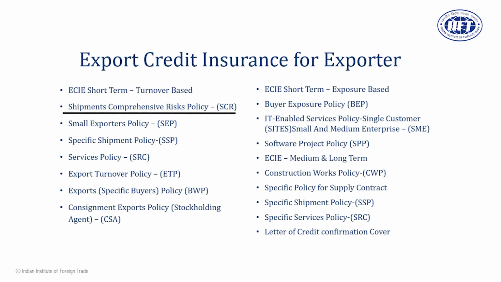If we talk about shipment comprehensive risk policy, it simply means that for every shipment that an exporter undertakes, ECGC covers the risk involved per shipment. But if we talk about, say, a contract based policy, in that particular case, the entire term of the contract will be covered by ECGC.